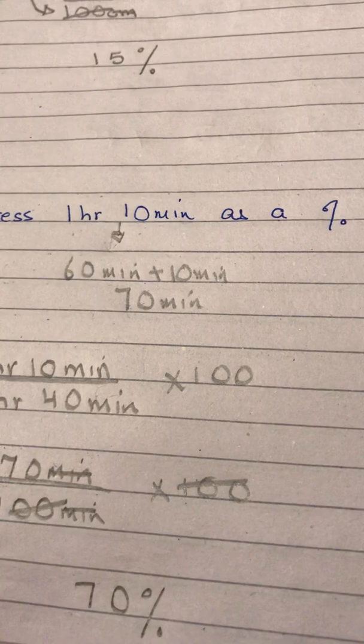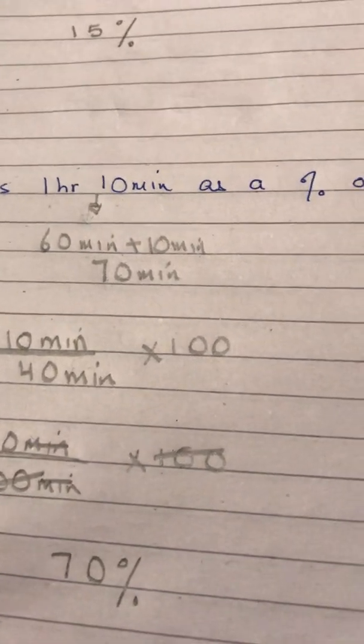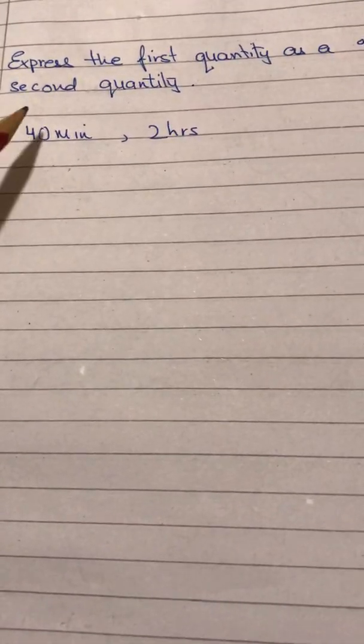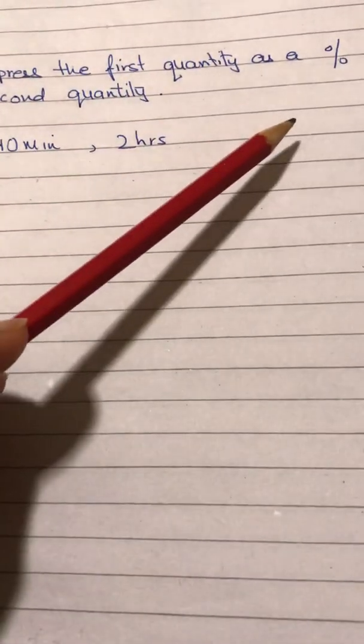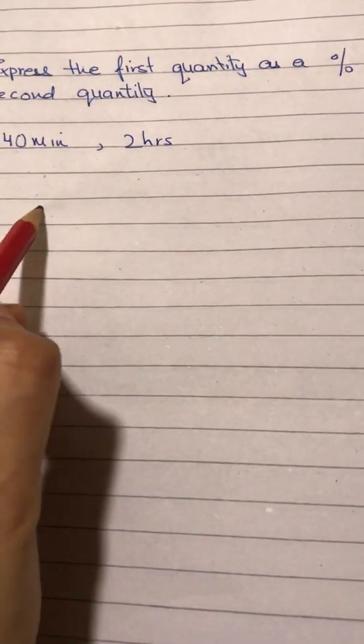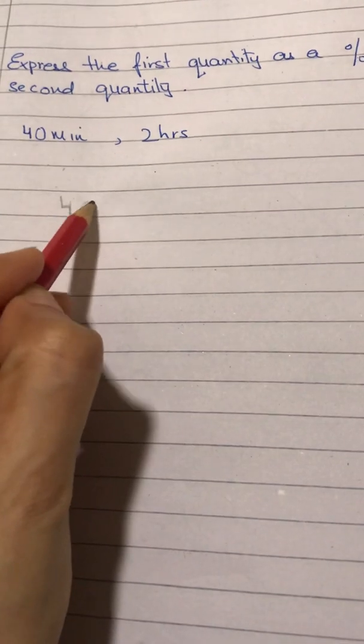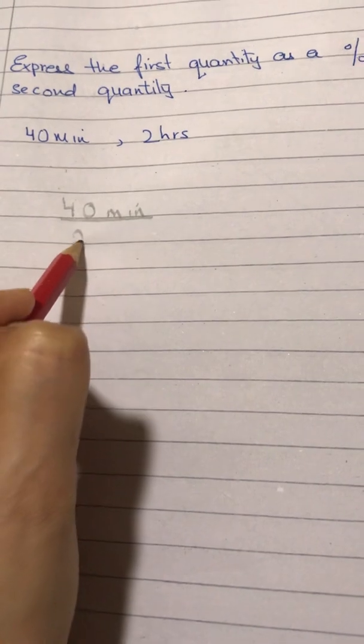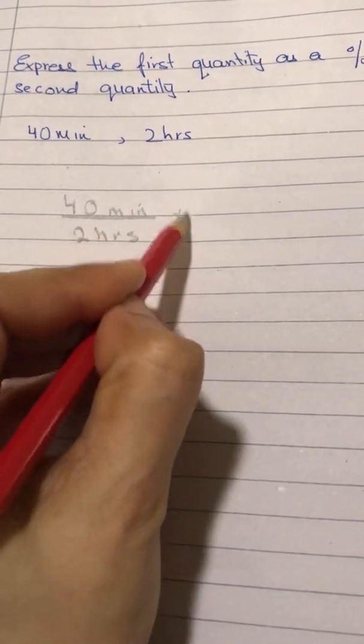Okay? So we can be asked the same question in many different ways. Now suppose we have this question: express the first quantity as a percentage of the second quantity. Again, same question asked in a different way. So again, we need to have the smaller part on the top over the total, which is 2 hours, multiplied by 100.